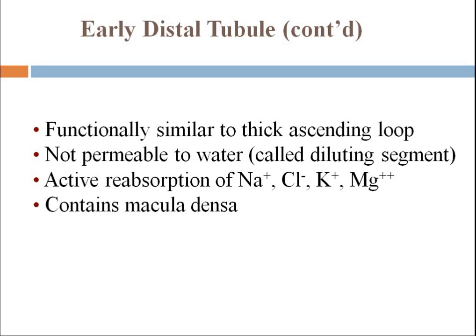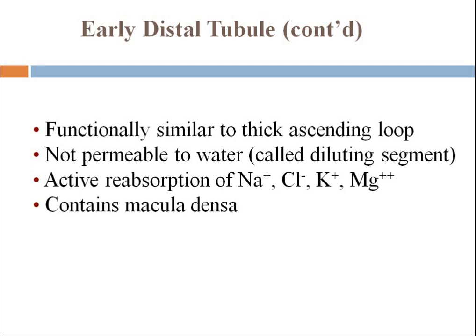Actually, early distal tubule is functionally similar to thick ascending limb of loop of Henle. It is not permeable to water, therefore it is also called the diluting segment. There occurs active reabsorption of all these ions here. And one more thing to remember, it contains macula densa. We have already studied macula densa in the previous class and how it causes tubuloglomerular feedback.